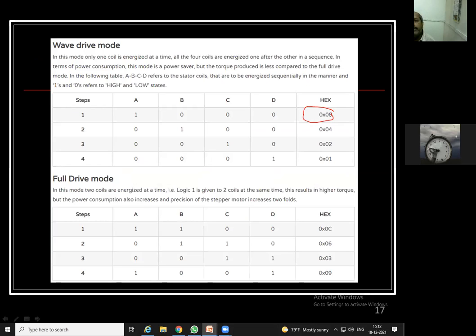An additional slide has been added. For wave drive we are supposed to load 8421. For full drive, 0C, 06, 03 and 09.